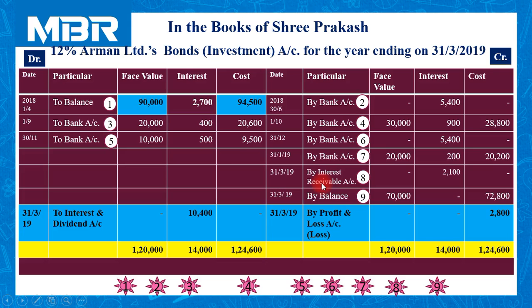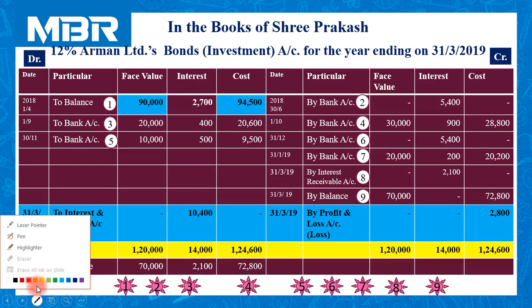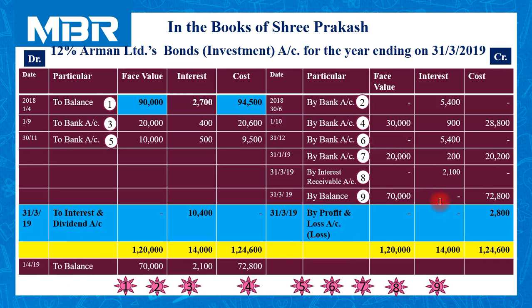As a protocol of accounting, we need to start our ledger for the next year with the closing balance available to us. Let us enter 1st April 2019, that is the beginning of the year 2019-20. Balance face value 70,000, that is available over here.